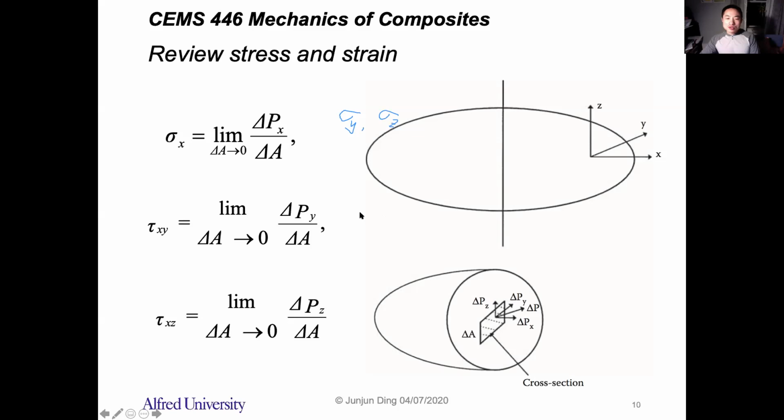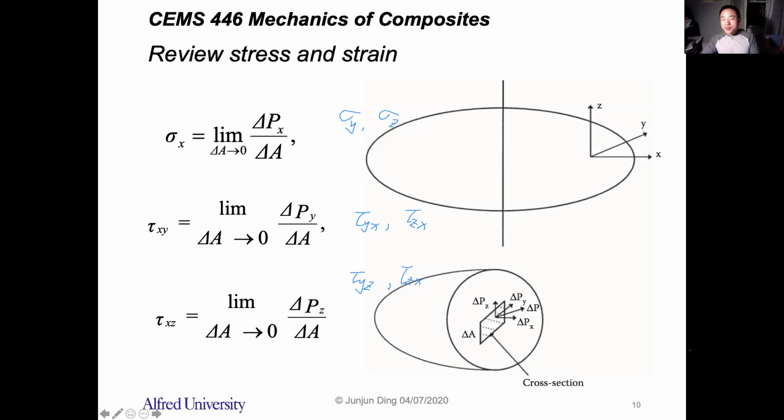And also you get the shear stress yx, the shear stress yz, shear stress zx, and shear stress zx, right?